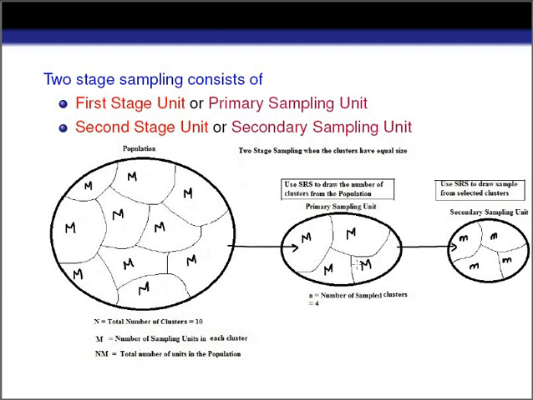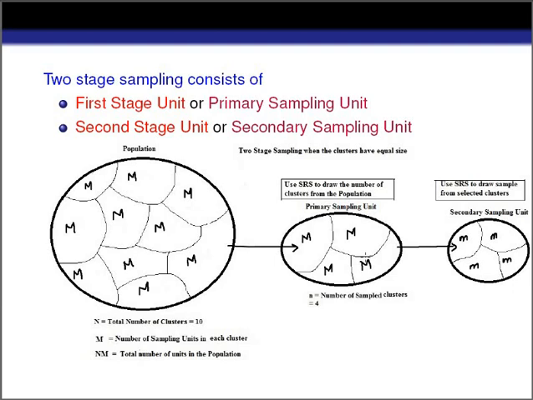Here also we draw some of the clusters by using simple random sampling. Suppose the total number of clusters is 10, and we want to draw 4 clusters out of these 10 by using simple random sampling. Suppose we get these clusters.